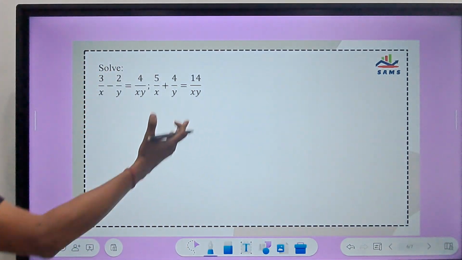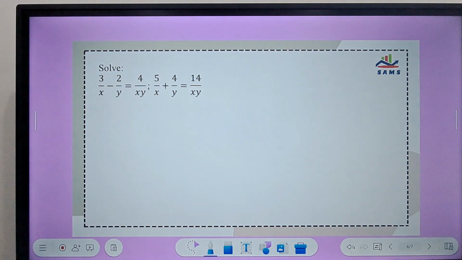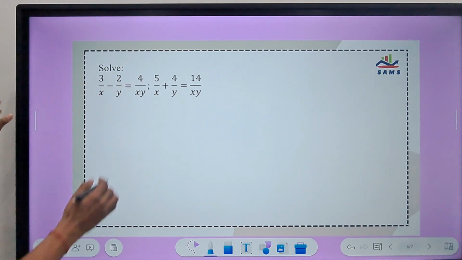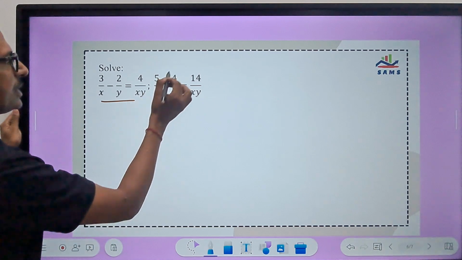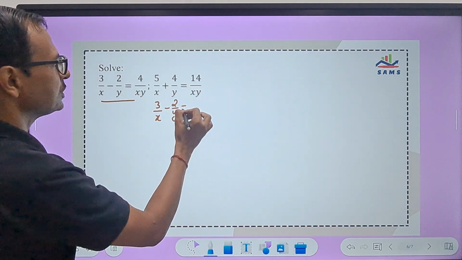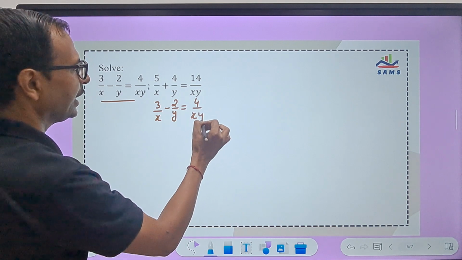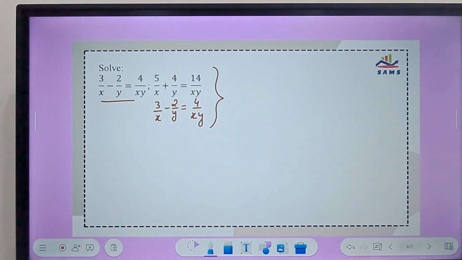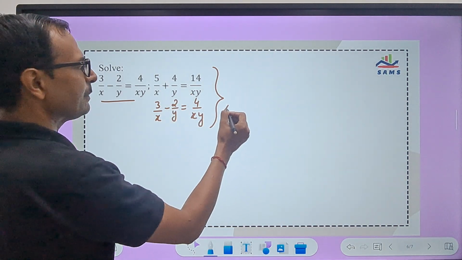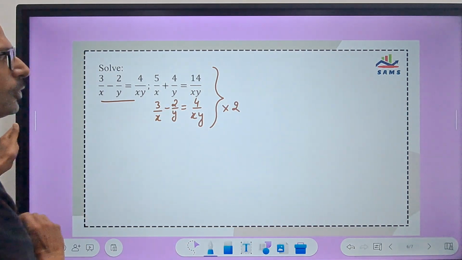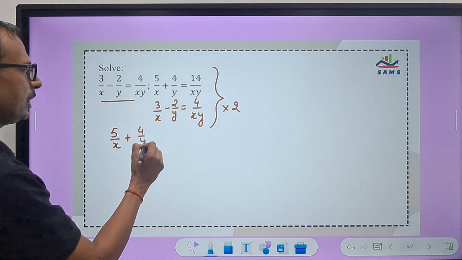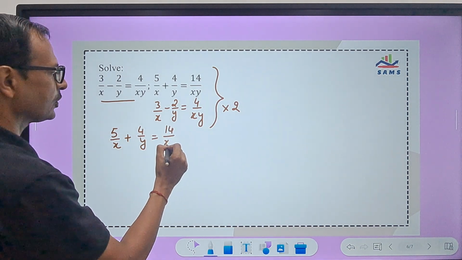See here again one of those questions in which substitution may be required, but you can solve it directly here also. So let's write this equation under this: 3 upon x minus 2 upon y equals 4 upon xy, and now this pair of linear equations is to be solved. So I can see a 4 here and a 2 here, so if I multiply this by 2, this will also become 4. So the first equation, 5 upon x plus 4 upon y equals 14 upon xy, is not going to change.